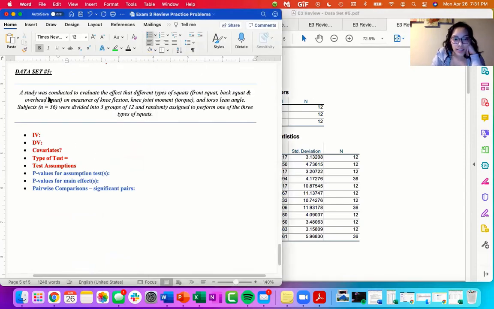A study was conducted to evaluate the effect that different types of squats, being front squat, back squat, and overhead squat, have. Do different types of squats affect measures of knee flexion, knee joint moments or torque, and torso lean angle? 36 subjects were divided into 3 groups of 12 and randomly assigned to perform one of the 3 types of squats.